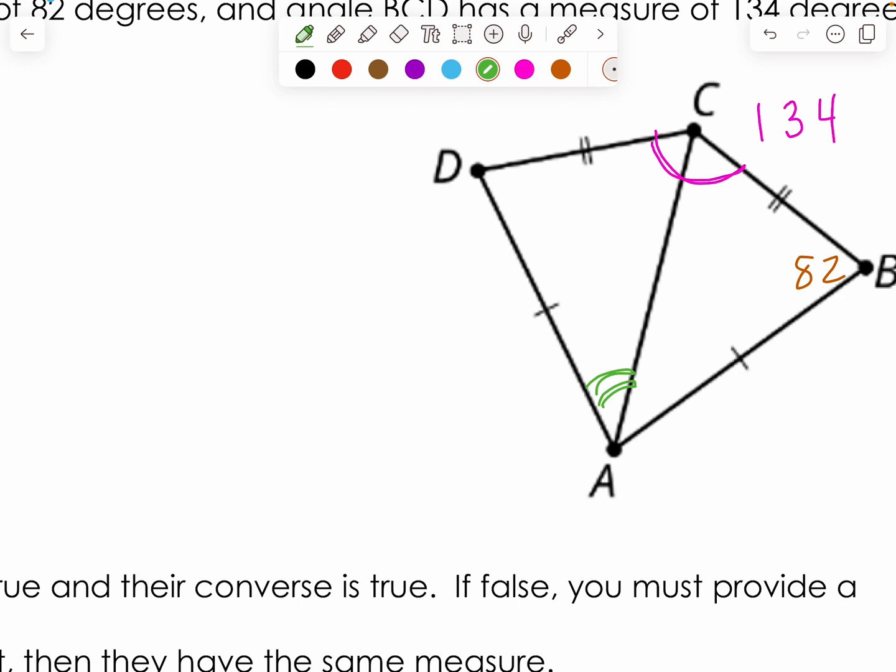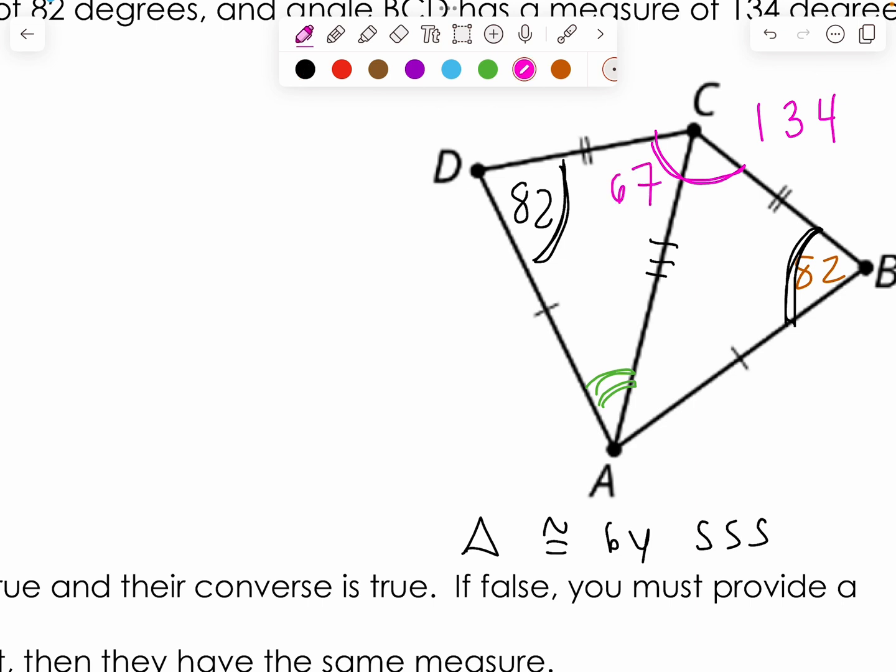We know that these triangles are congruent by side, side, side. 82 degrees over here means that's 82 degrees. This 134 is going to be cut in half, so it's actually just 67 on one side, 67 on the other.